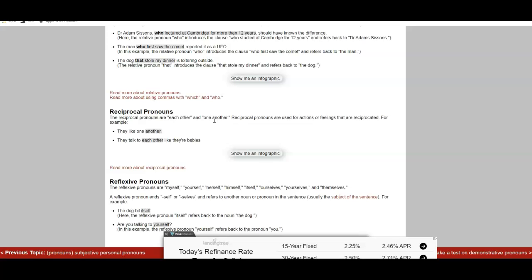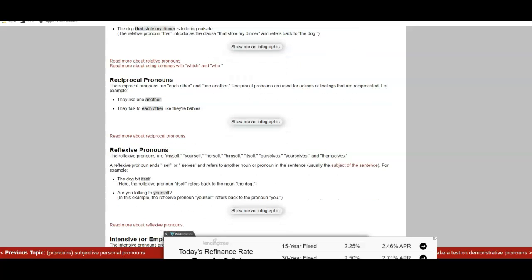So each person can reciprocate that feeling. They talk to each other. They like one another. They gave each other a hug. That can be reciprocated. Each person can give it. That's what reciprocal means. So if you see each other, another, one another, they spoke to one another, that can reciprocate.